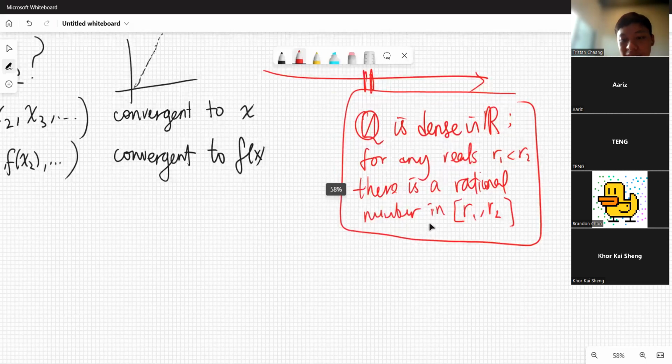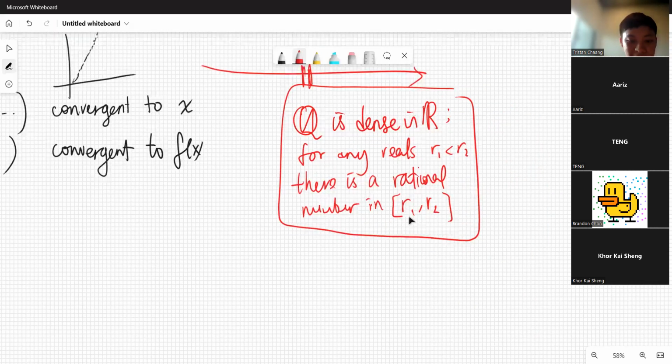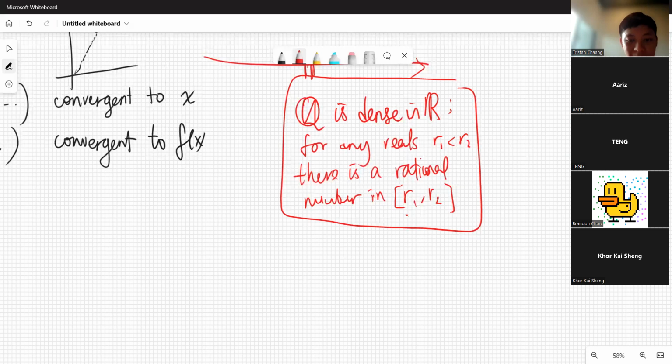So the thing is, r1, r2, if we subtract it, let's say this difference is delta, the lowercase delta because it's small. So let's say this difference is delta.